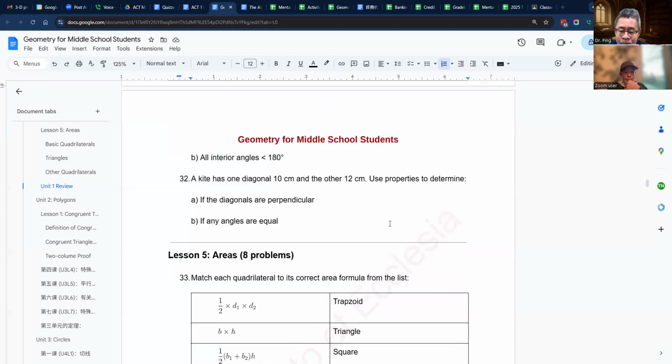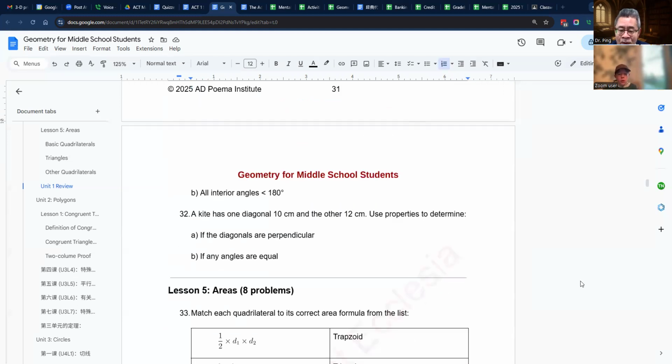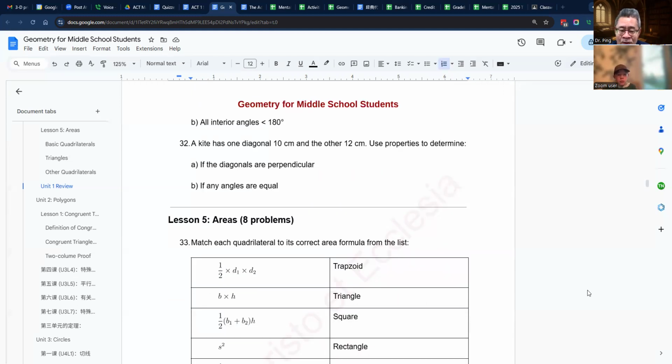Are we good for B? We're still doing number 31. Yep. 32, a kite has one diagonal 10 centimeters and the other 12 centimeters.